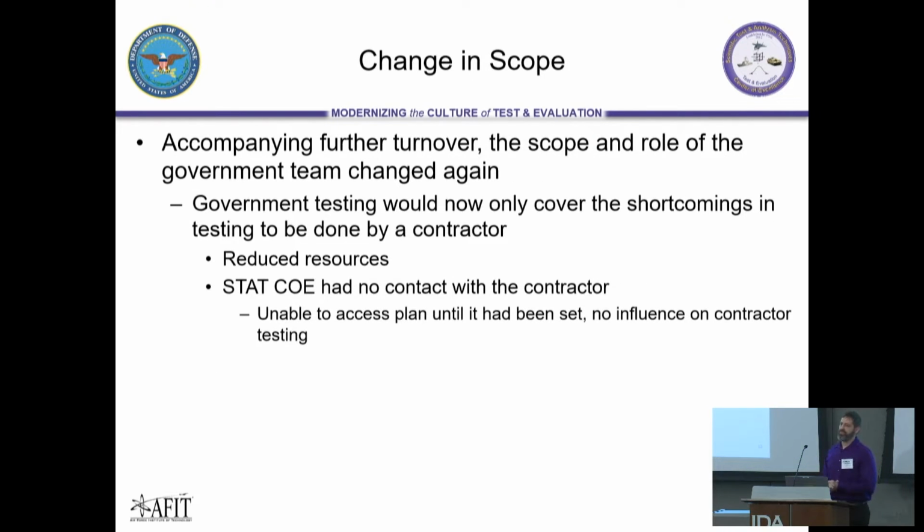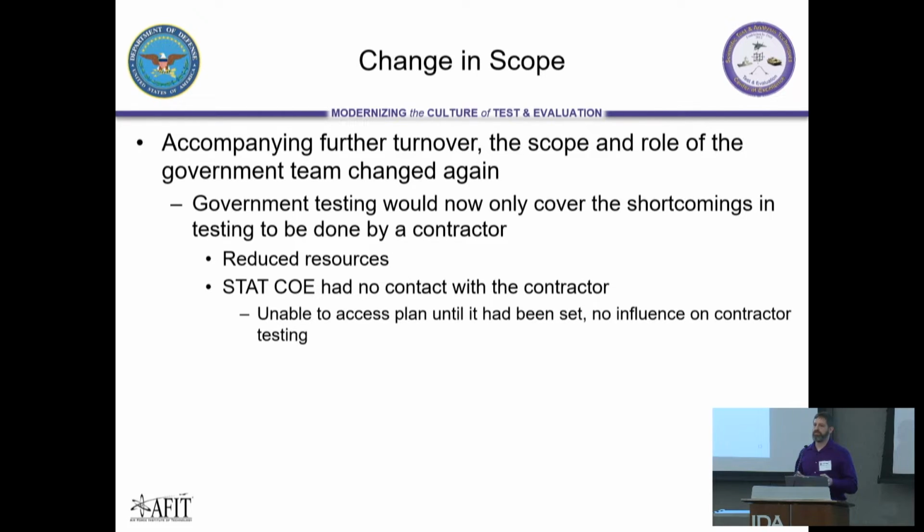Now again, we have to be flexible because there are changes in scope, further turnover. We're now working with different people again. And we now are only going to be testing the shortcomings of the contractor testing as opposed to verifying their results. Okay, so reduced resources, and we have to change what we're planning for.